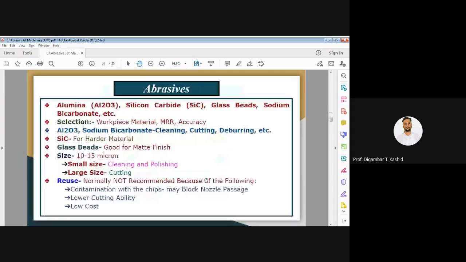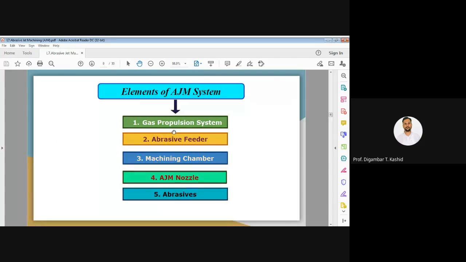First is the gas propulsion system. It supplies clean and dry gas to propel the abrasive particles, which means it acts as a carrier gas.